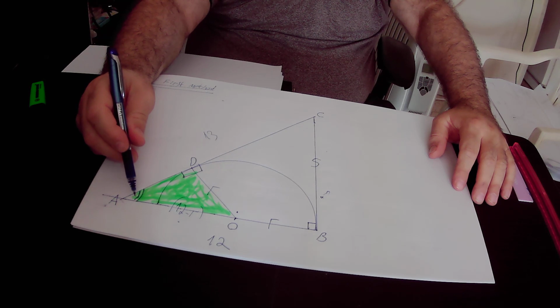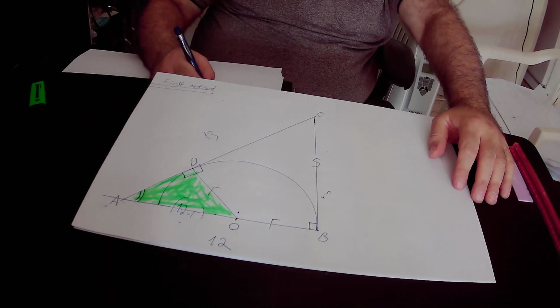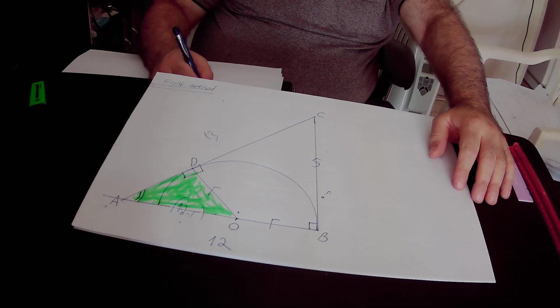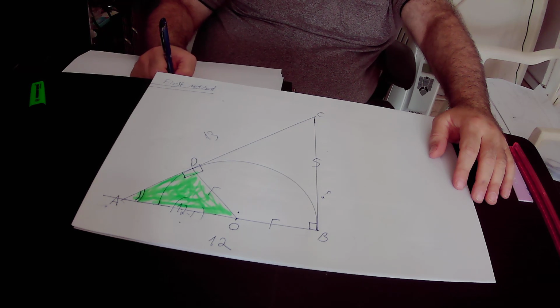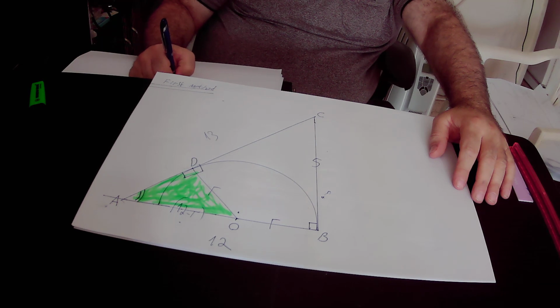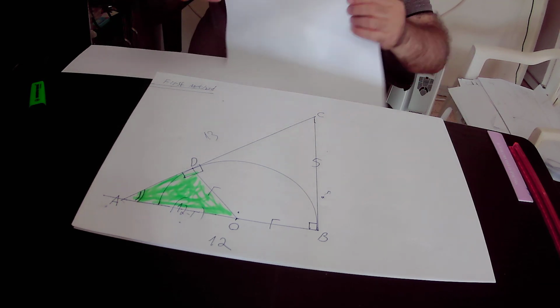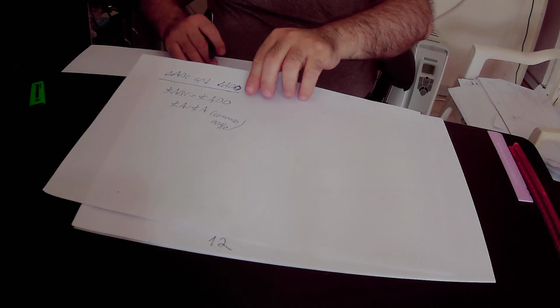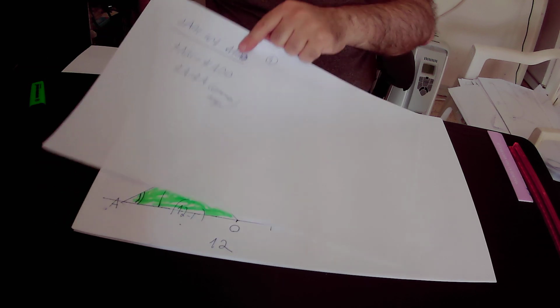Therefore, angle A equals angle A. It's a common angle that belongs to both triangles. I'll repeat again: angle A equals angle A. It's a common angle that belongs to both triangles.